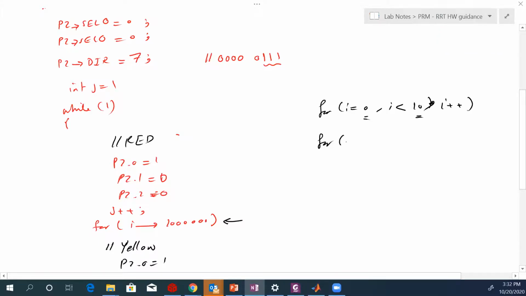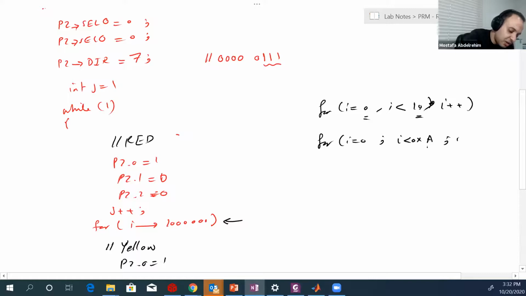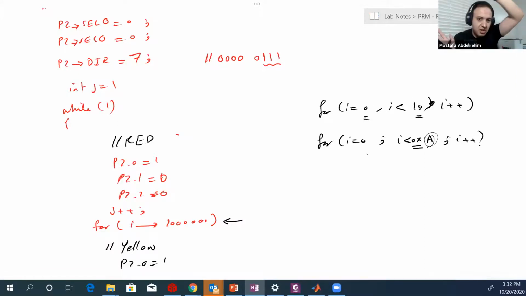If you write it like this, and the A is 10 in hexadecimal, the compiler will see 0x, know that this is a hexadecimal, and convert it using another algorithm into binary as well.